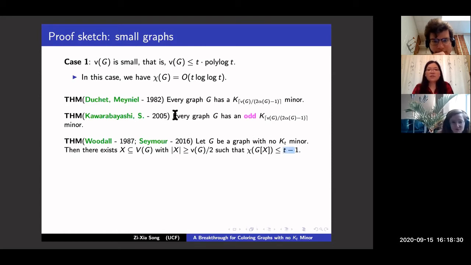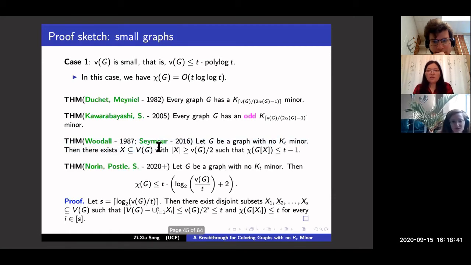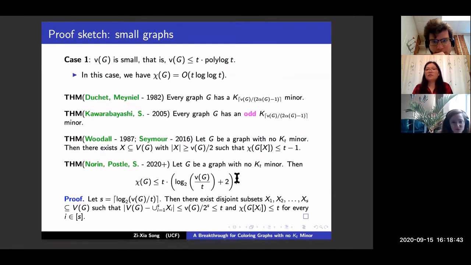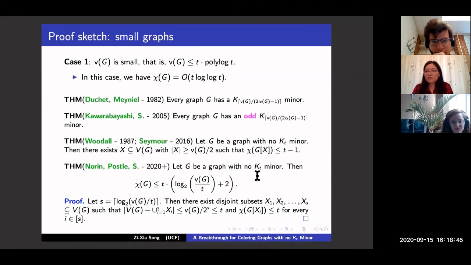So with Kawarabayashi, we extended Duchet–Meyniel to odd minors. So we have the same bound. So with this theorem, you can quickly prove this. If G is a graph with no KT minor, then the chromatic number is bounded by this. So what you do is you just take a greedy algorithm, right?